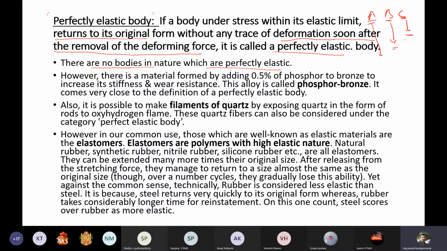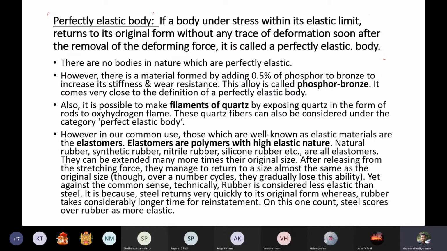B takes less time than C, therefore it is a better elastic material, and A is the best elastic material, because it takes very little time to go back to its original shape and size. Keep in mind, it is just a comparison. We cannot have a 100% elastic material. We can only say elastic material A is better than B, which is better than C.